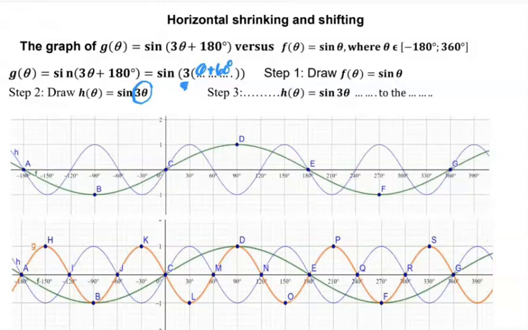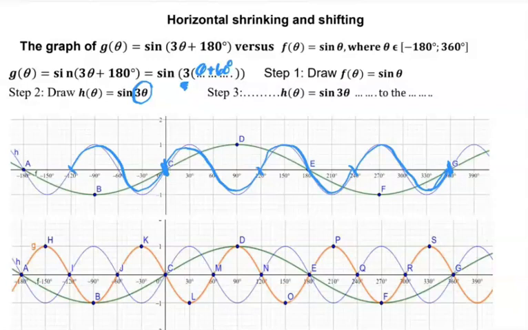So in one period, and the period goes from C to G, the graph has 1, another 1, and another 1 in that same time. Sine of 3 theta. If I do that first, then I have the shrinking part.